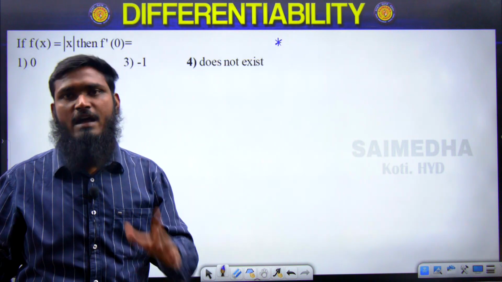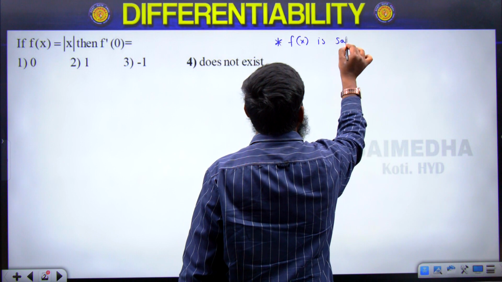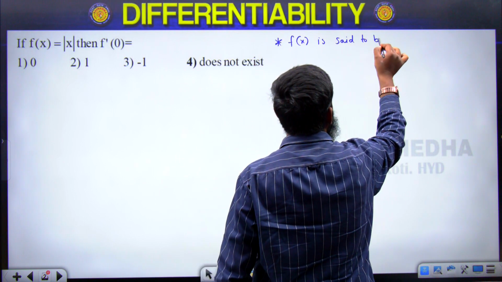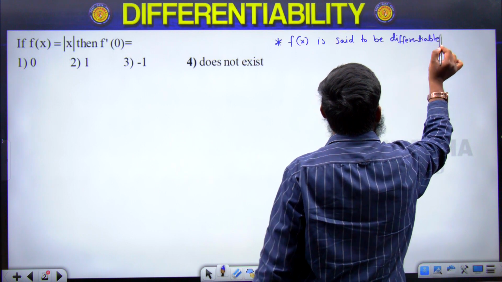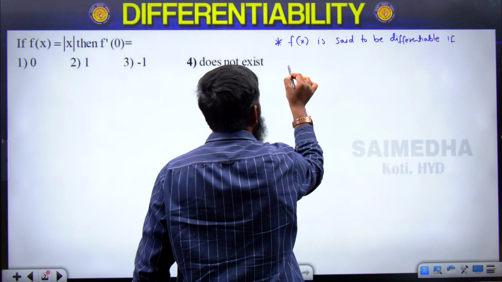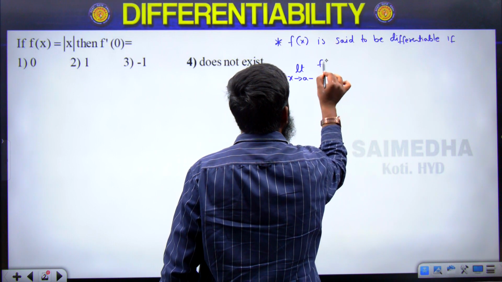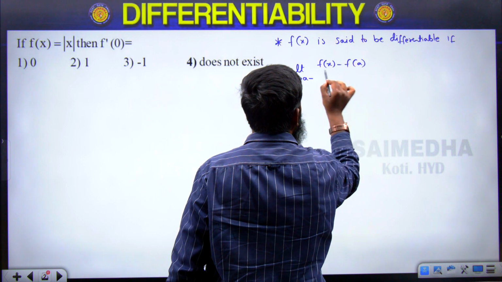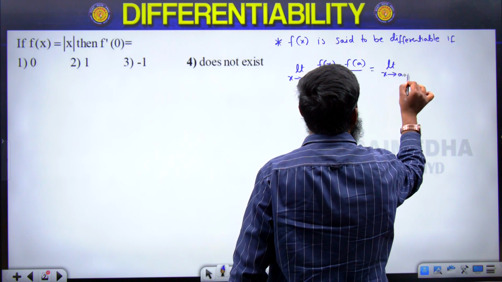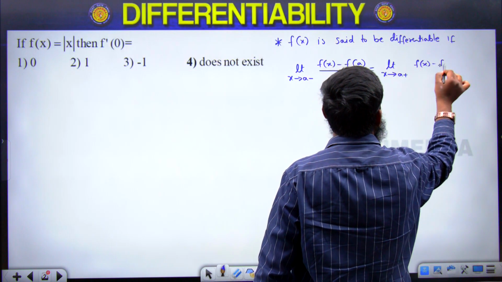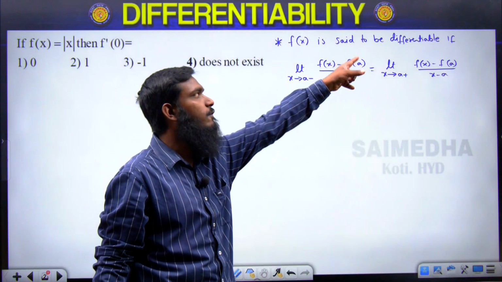Similarly, for differentiability we have one condition. f of x is said to be differentiable at a if limit x tends to a minus of f of x minus f of a divided by x minus a is equal to limit x tends to a plus of f of x minus f of a divided by x minus a.